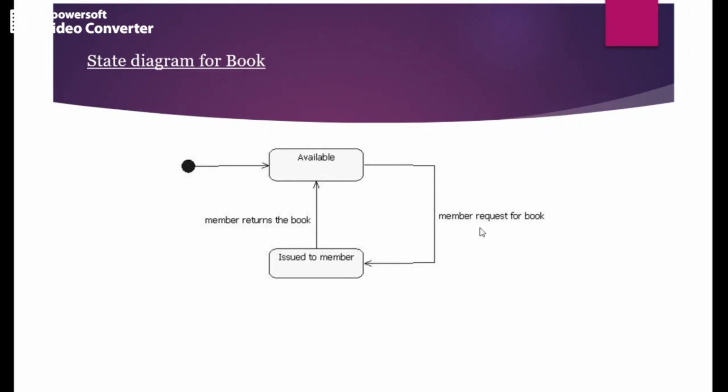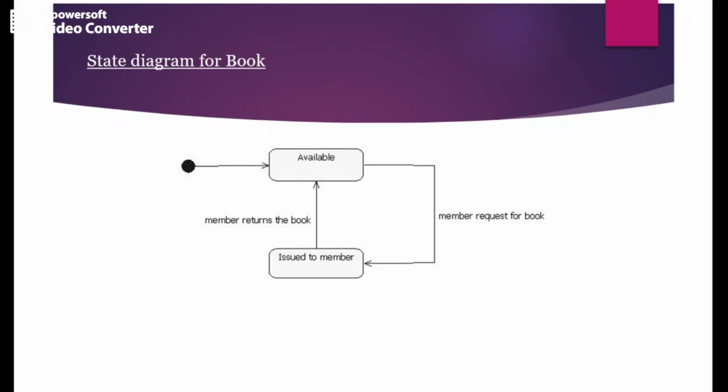Look at the stimuli: member requests for book. If it's available, it will be issued to the member. Member returns the book. Once it has been issued on one particular date, he has to return the book. When the member returns the book, it will move to which state? Available. Now the book is available.